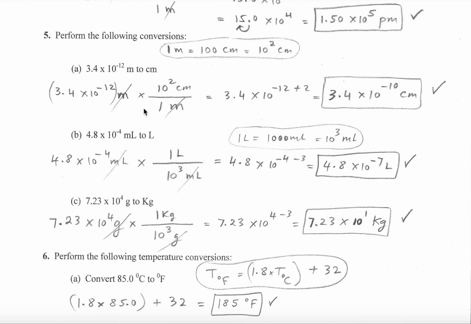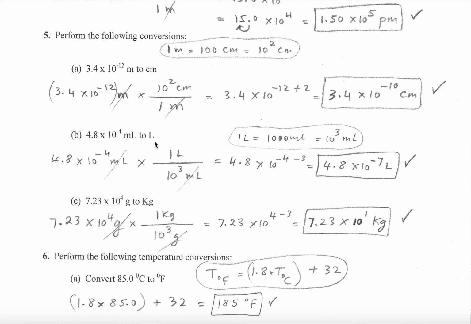I'm talking about when you input the number in your calculator. So if you do this setup, you cancel out a meter, you multiply using the calculator, or you do it by hand as I show right here. You got 3.4, minus 12 plus 2, that gives you minus 10.